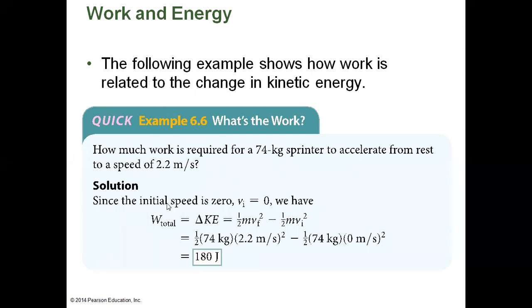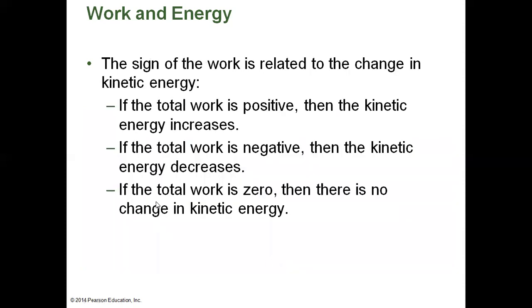Since the initial speed is 0, vi equals 0. The total work done is delta KE, which is 1/2 m vf squared minus 1/2 m vi squared. That is 1/2 times 74 kg times (2.2 meters per second) squared minus 1/2 times 74 kg times 0, so the total work done is 180 joules.